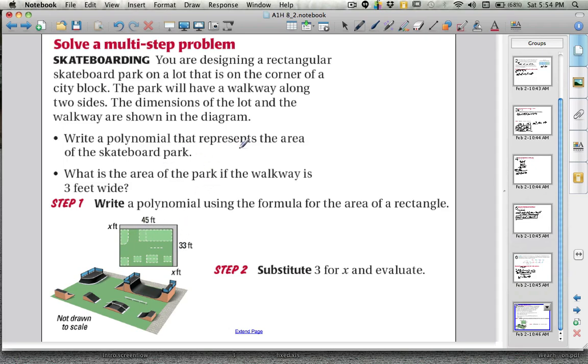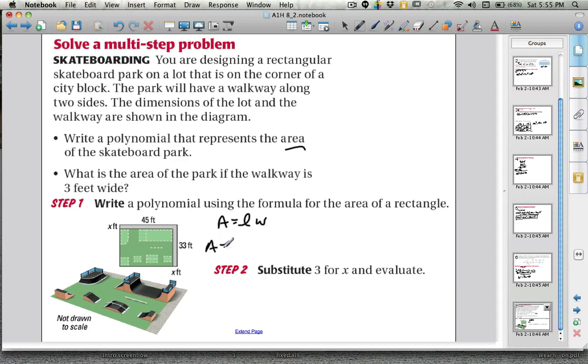Okay, so when we want to write a polynomial that represents the area of the skate park, I want to start with the idea of area of a rectangle. Area is equal to length times width. Well, let's look at our length. I've got a total of 45 feet, but then we have to take out this x, right?